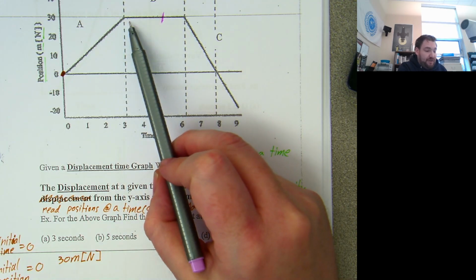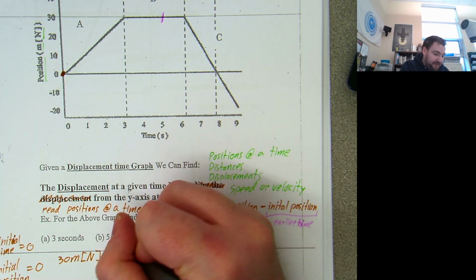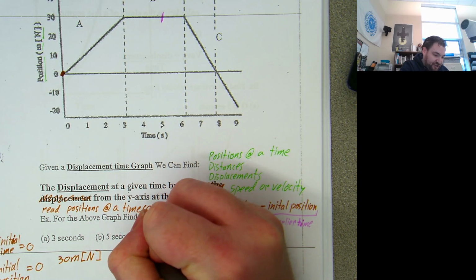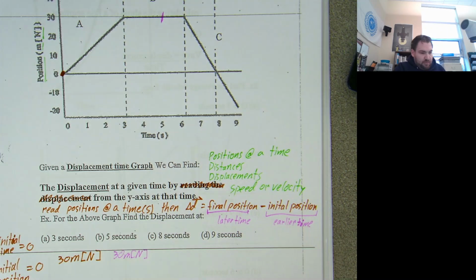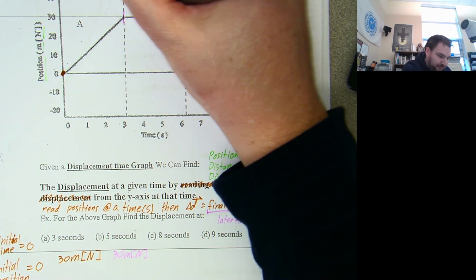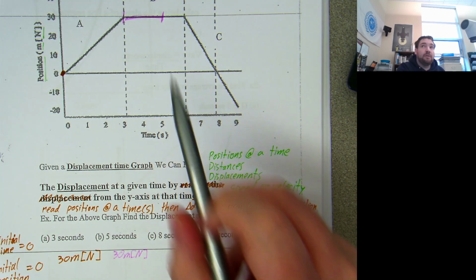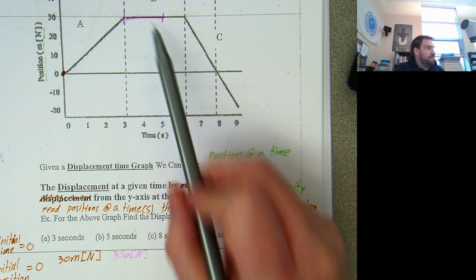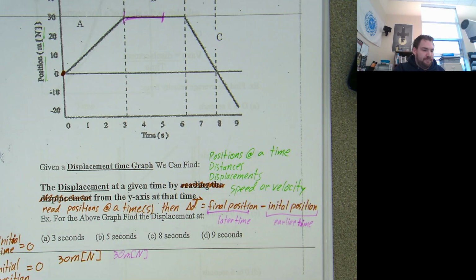So what happened between 3 seconds and 5 seconds? If the displacement hasn't changed, what must be true for our bug for this window of time here? Didn't move. Interesting result. At 8 seconds, where's the bug?